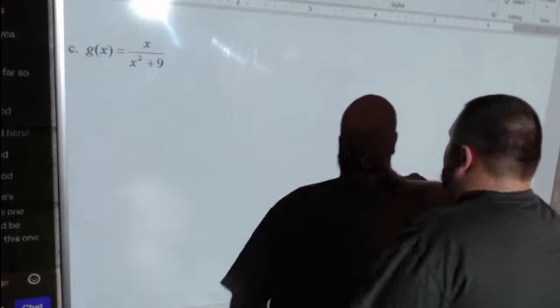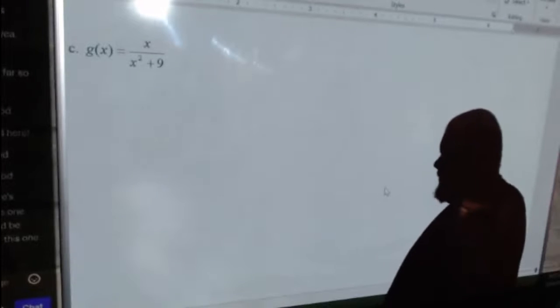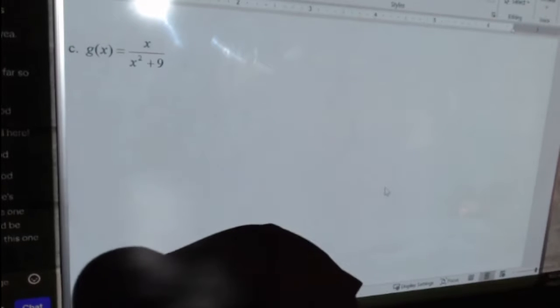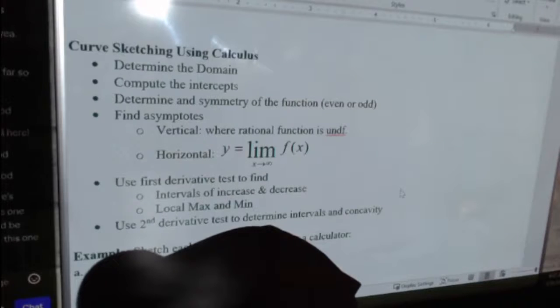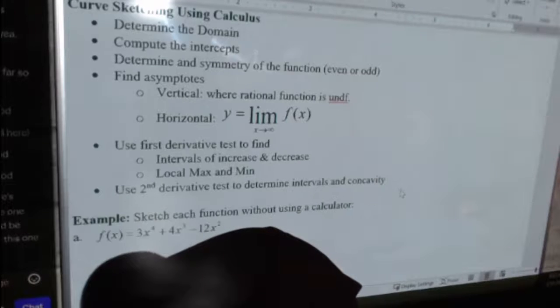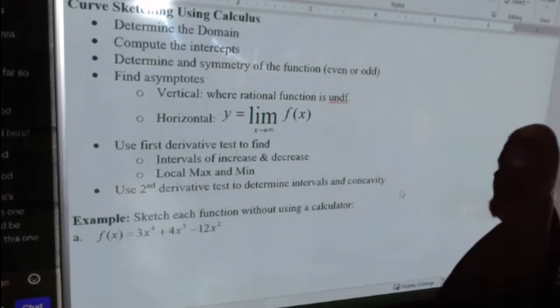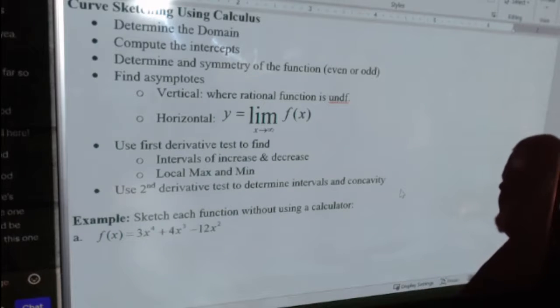The second derivative test tells us whether something's concave up or concave down. And now we're going to put that together along with a lot of other stuff that we already know how to do to sketch a graph. So this gives us a list of the things that we need to do as we go through the problem.